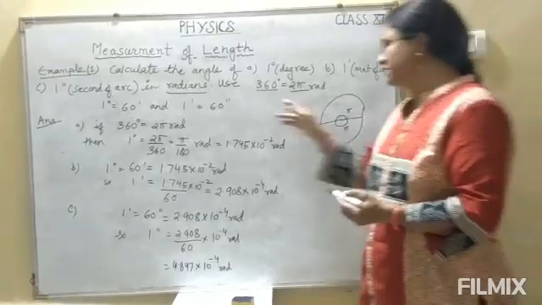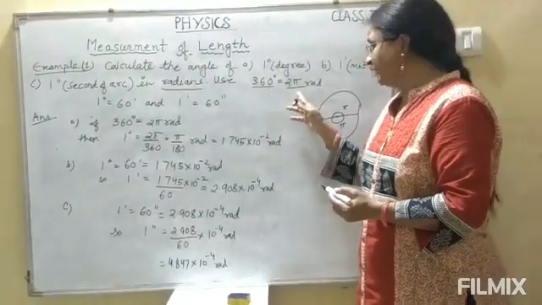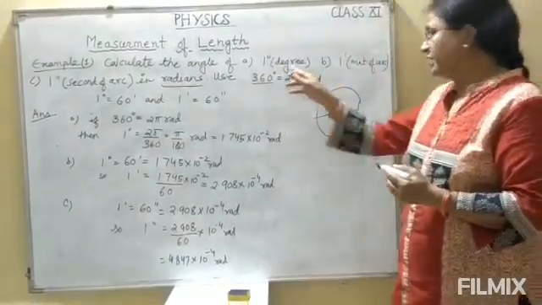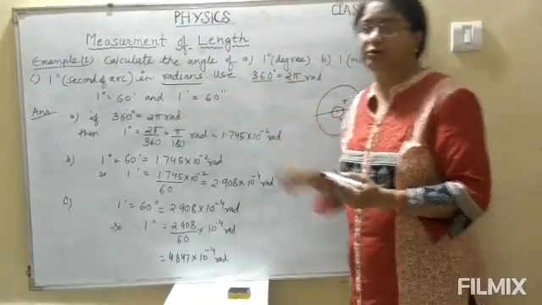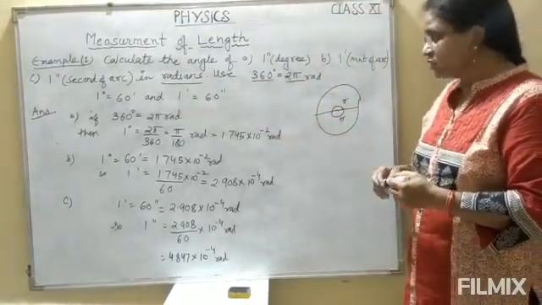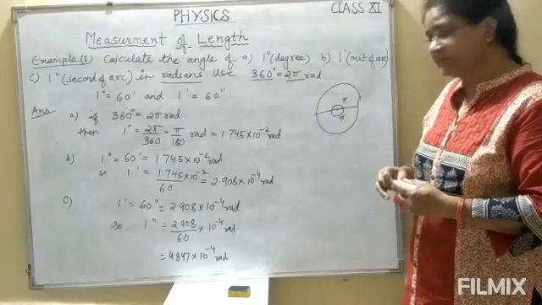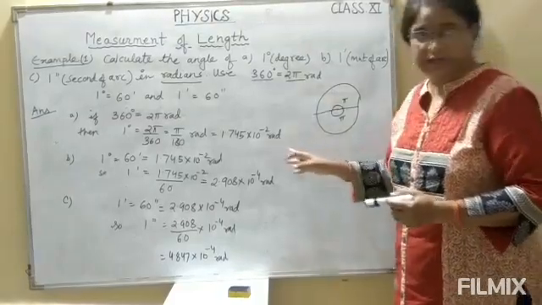So by using this value, we will convert 1 degree, minute and second into radian. First of all we will convert degree into radian.